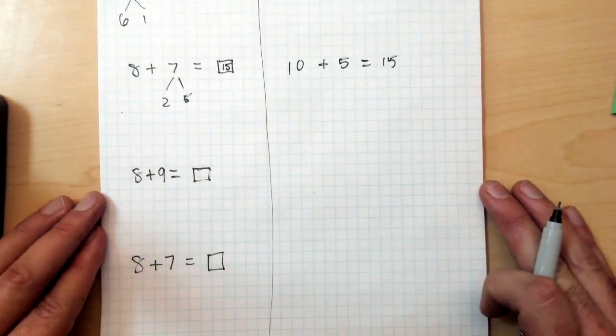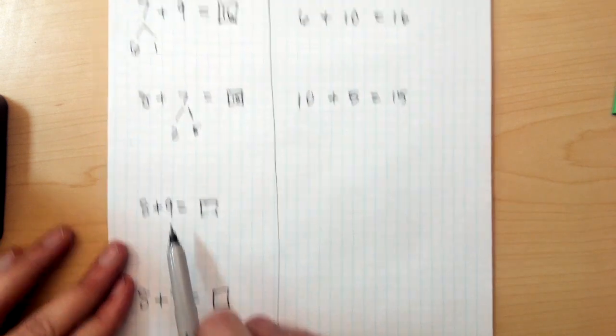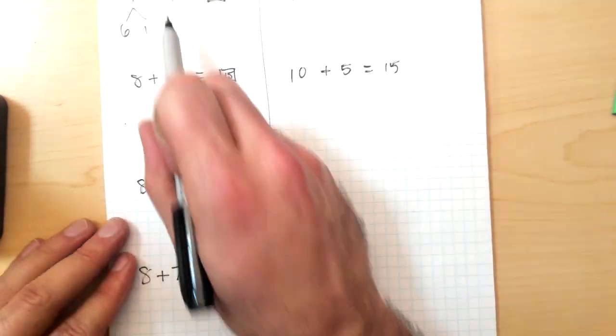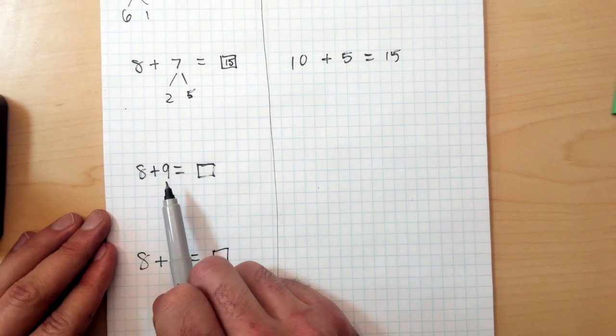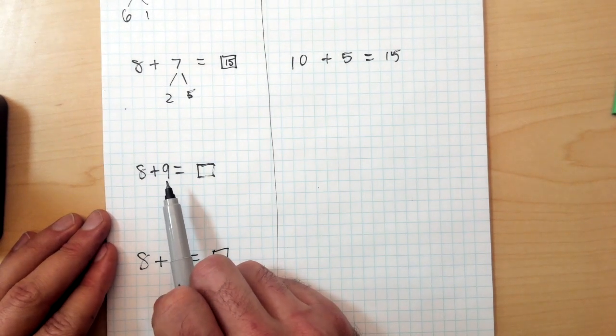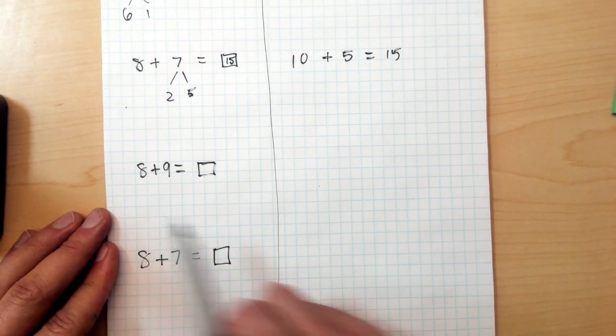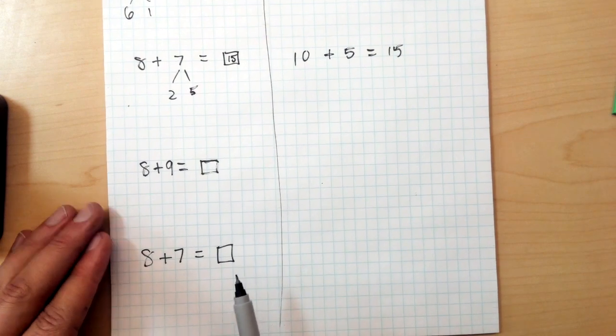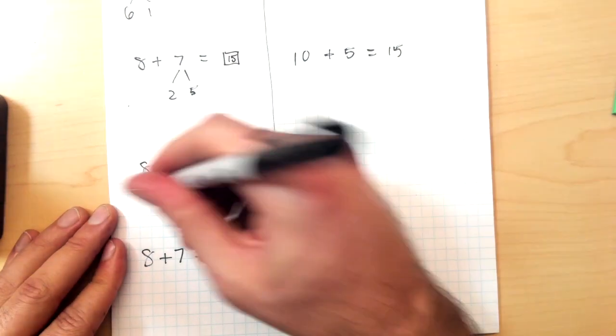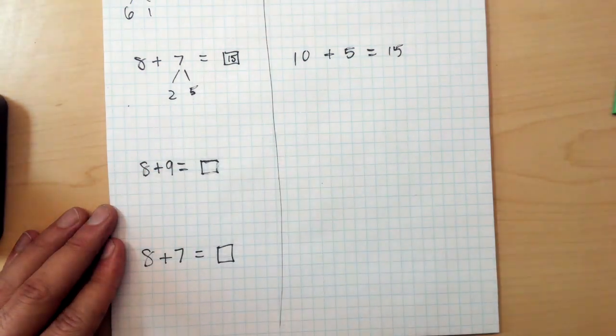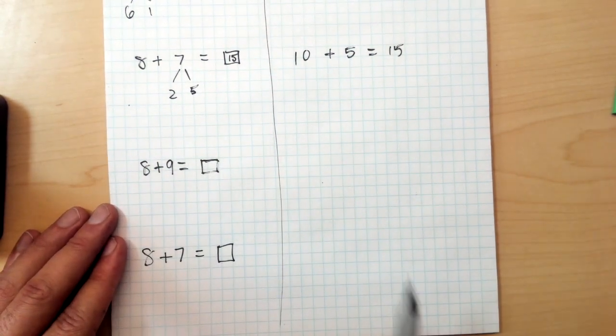Same down here with 8 plus 9. I'm kind of thinking again, kind of like 7 plus 9, that 9's really close to 10. But I'm also noticing that a lot of third graders especially know their doubles. And so one example of a double might be 8 plus 8. A lot of kids know that automatically, 8 plus 8.